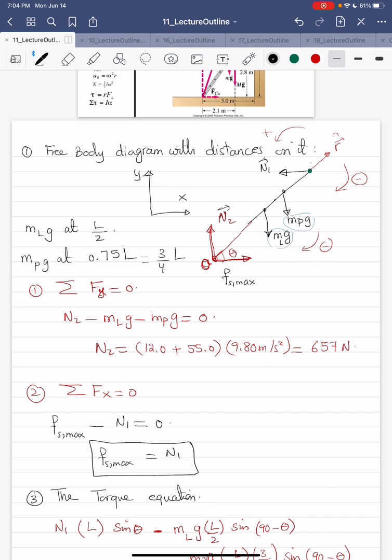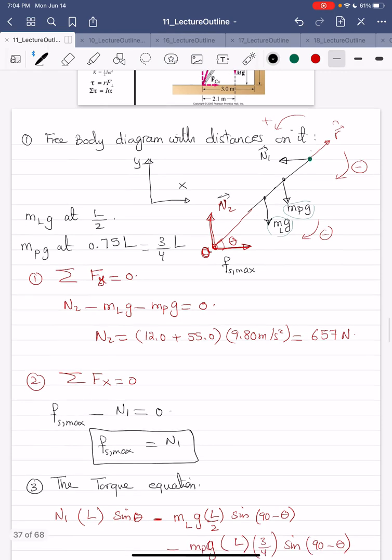For the x direction, sigma Fx equals 0, we have Fs maximum minus N1 equals 0, then Fs max equals N1.